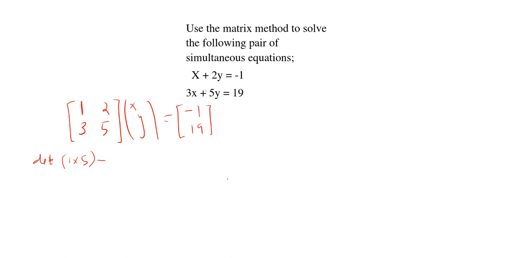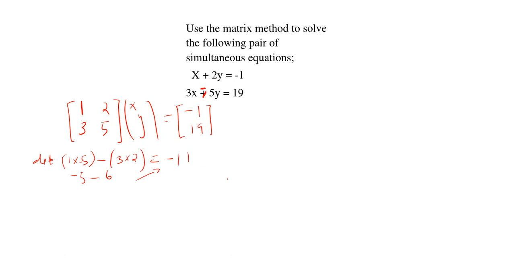This should be -5, not +5. So we have 1 times -5. We subtract 3 times 2. This will give us -11, because we have -5 minus 6. So we are getting -11 as the determinant.